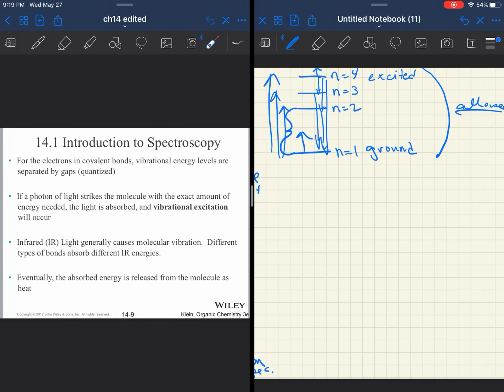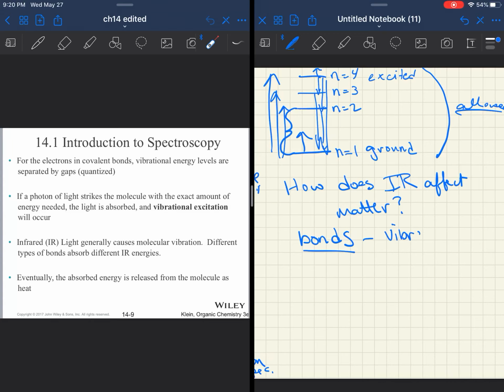For instance, when we think about how infrared radiation affects matter, does it excite an electron? No, that's the visible spectrum. We are going to be affecting bonds, right? We're going to cause them to vibrate, to bend, to stretch.